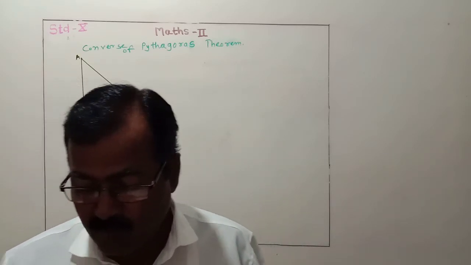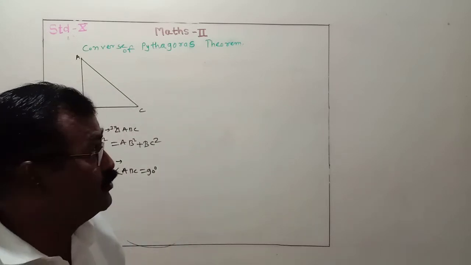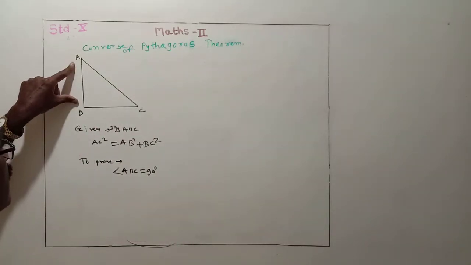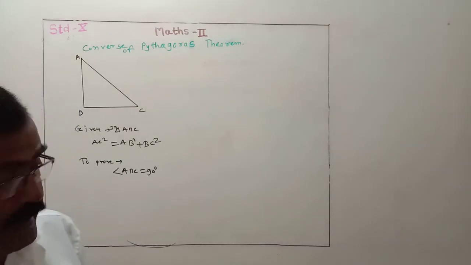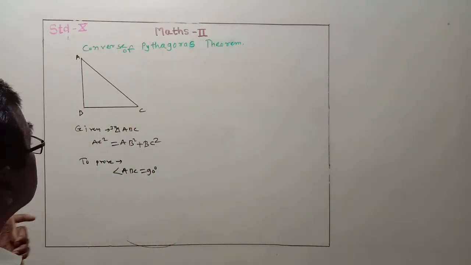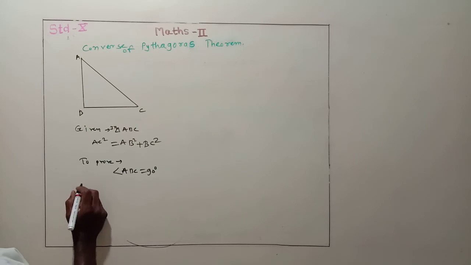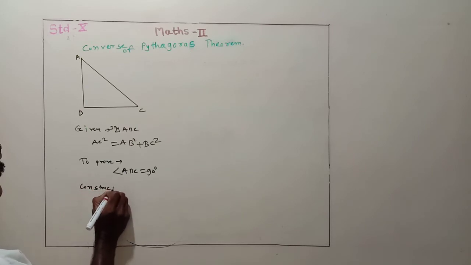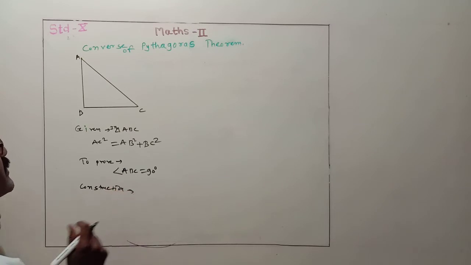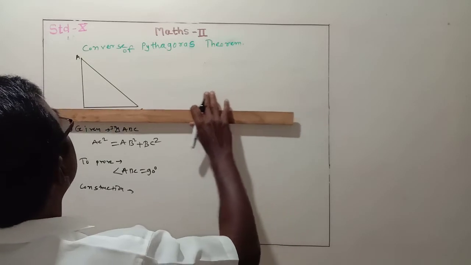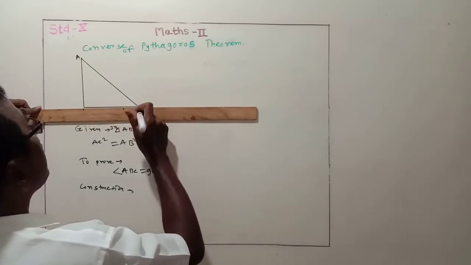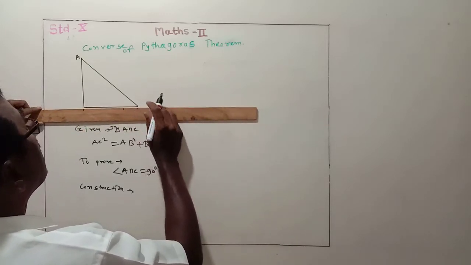Draw triangle PQR such that PQ is equal to AB and QR is equal to BC, and angle PQR is a right angle. For the construction, you draw another triangle PQR besides triangle ABC.